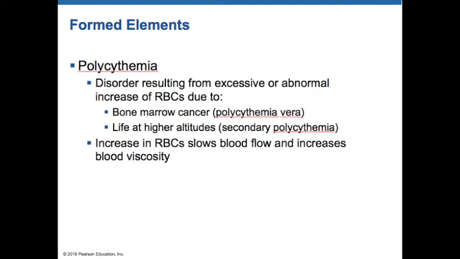You're going to see that if you live at high altitudes, your body will automatically respond to that high altitude. How? By synthesizing more red blood cells. Now, why is it synthesizing more red blood cells? It is because at high altitudes, you are going to find lower concentrations of oxygen.